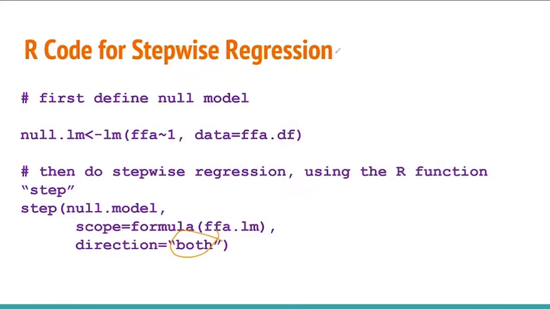So in the code, for backward you put backward in the direction, for forward you put forward, and for both you put both. You get what I mean? That is what you basically do as far as that is concerned. I think this also selects the same. I didn't display the result, but it also selects the same.